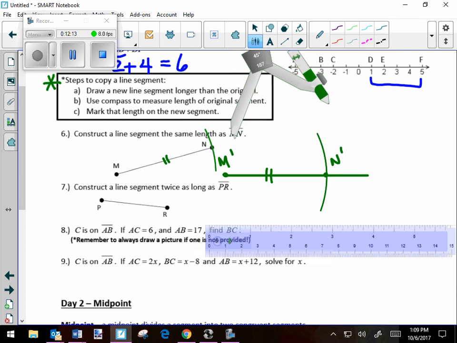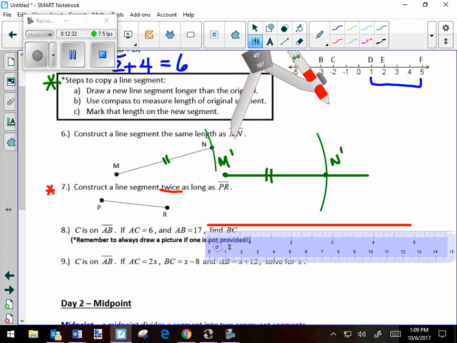We can take that idea and make it stretch a little further by looking at a question like number 7, where our new segment should be twice as long as the old one. My process begins just the same. I'm going to draw a segment that appears to be twice as long as the original.